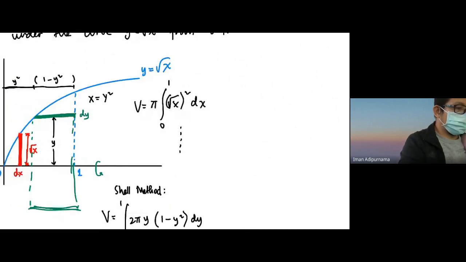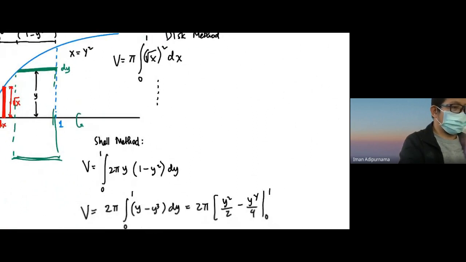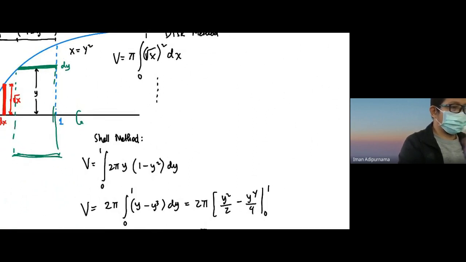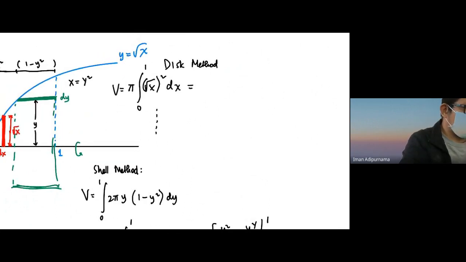Compare with this method, so this is this method. Compared with this method, it is much more simple. Like for example, this one becomes pi x squared over 2 from 0 to 1, so it's pi over 2.